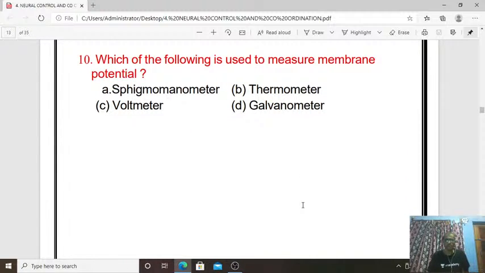Then, which of the following is used to measure membrane potential?